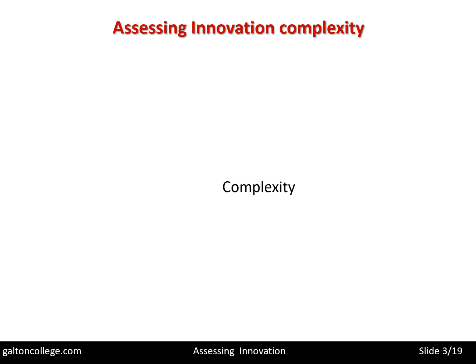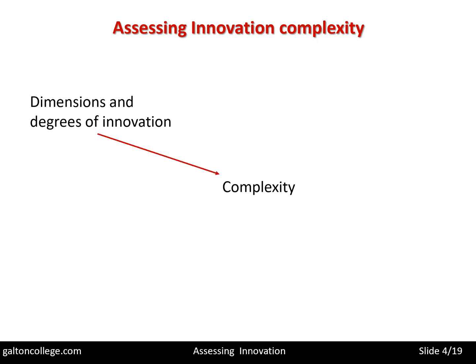But some innovations are big, some innovations are small. Some are relatively straightforward and some are complex. So we need to look at the dimensions and degree of innovation. As I said, some are quite small. It doesn't mean that they don't contribute to our welfare and improve the product for us, but they may be marginal.